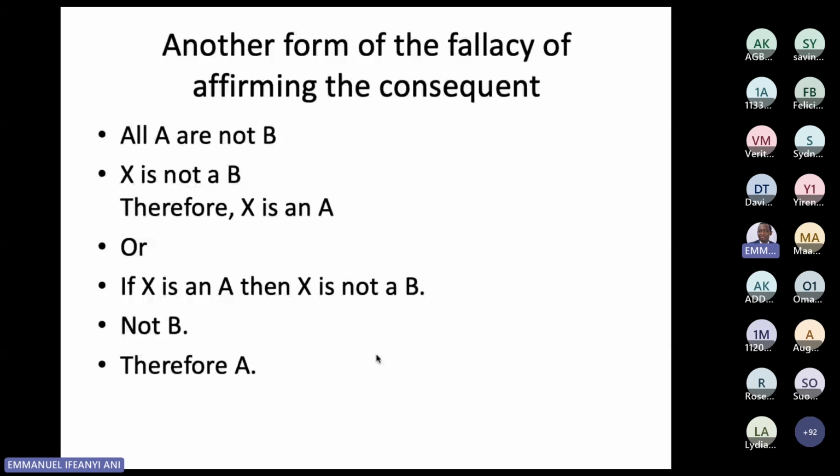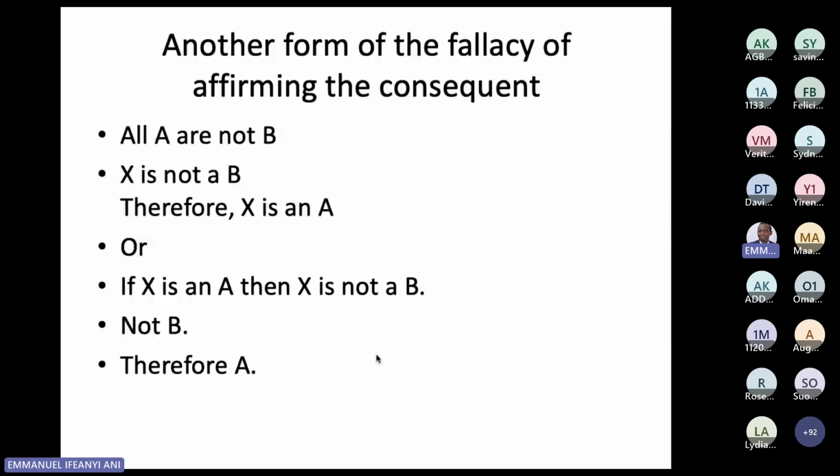When you have two negatives, they combine to give you a positive. So all A are not B, X is not a B. X is not a B is actually affirming all A are not B, because both of them are negatives.